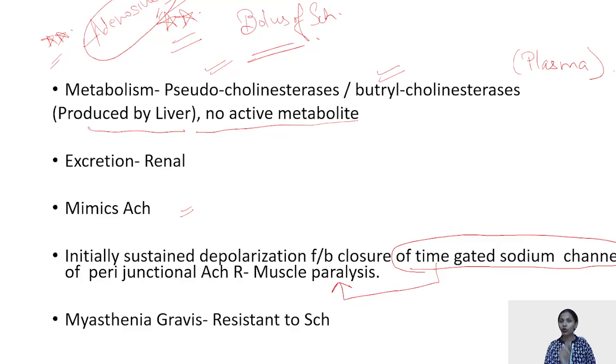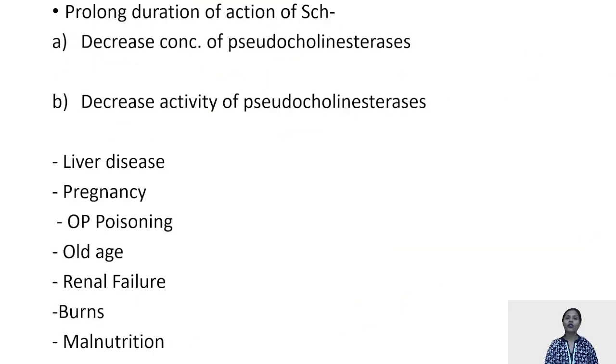Time gated sodium channels, followed by your muscle paralysis. In a condition known as myasthenia gravis, which is an autoimmune condition, people are resistant to scolin. This is a very important concept to remember, that in myasthenia gravis patients are resistant to the effects of scolin.